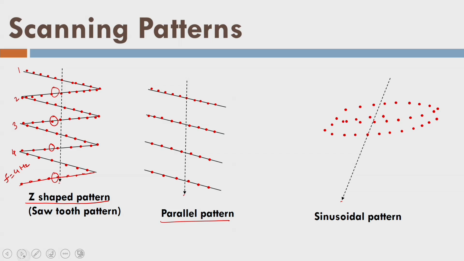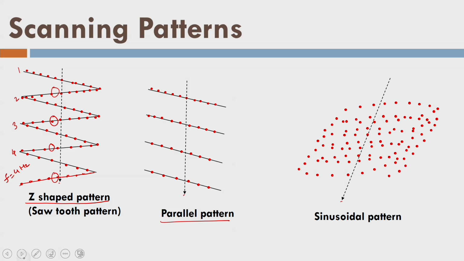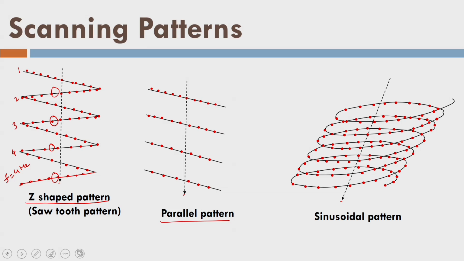As the aircraft is moving and the laser scanner is mounted over the aircraft, because of the movement of the aircraft and the laser scanner firing, we can create this kind of pattern, and that is called the sinusoidal pattern here, right? See, this is the sinusoidal pattern we have created here. So these 3 kinds of patterns are possible to create.